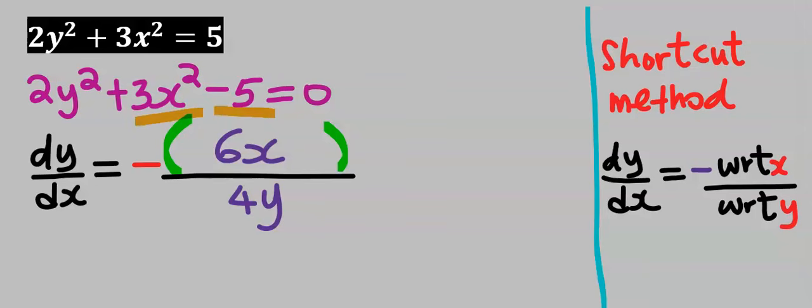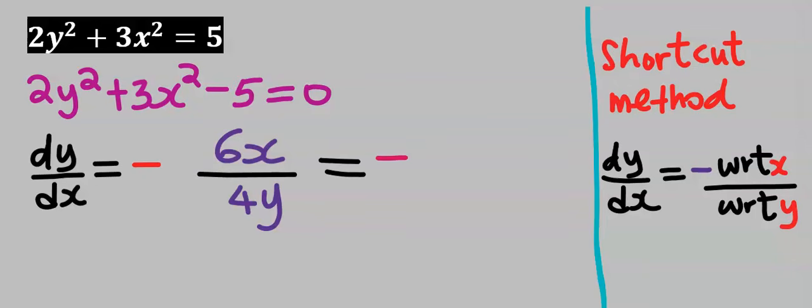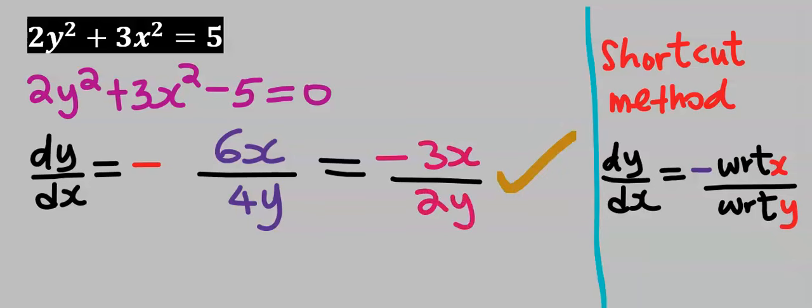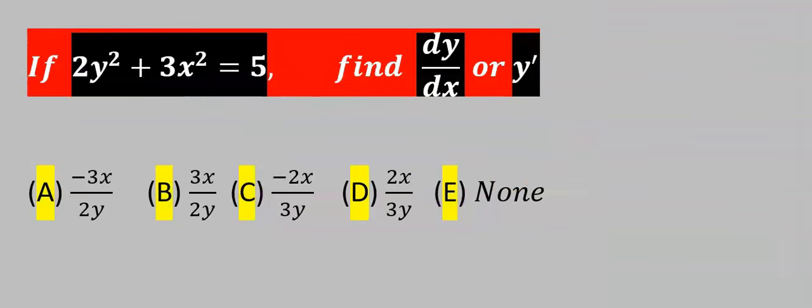I will ignore it. Simplifying our result, we're going to get minus 3x divided by 2y, and this is our dy dx. From the options, our answer is A.